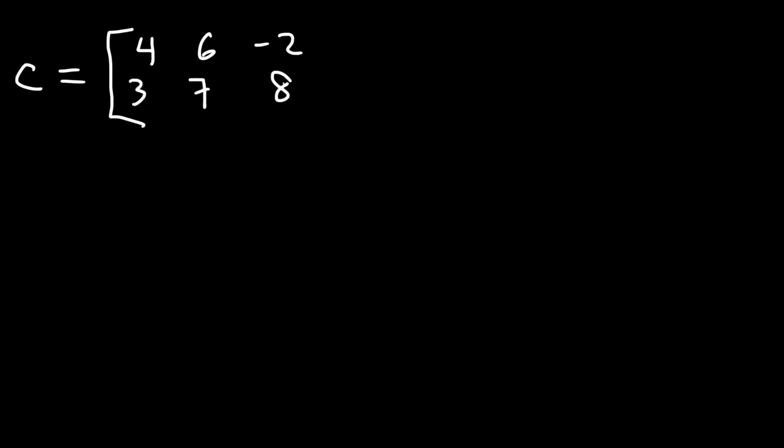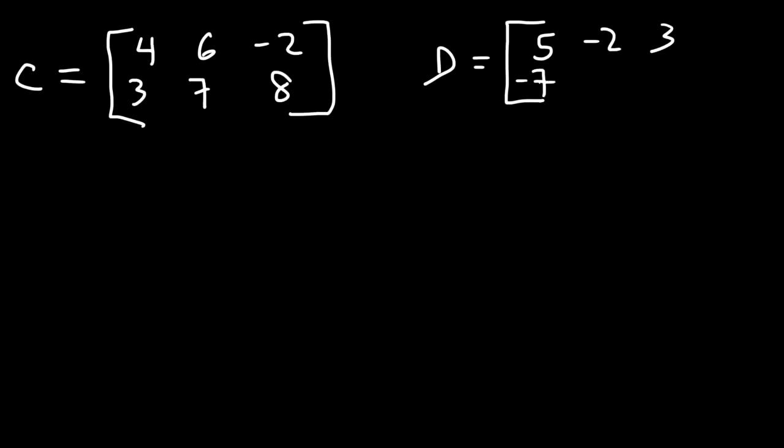Now let's try another example. Let's say we have matrix C, and it has the numbers 4, 6, -2, 3, 7, 8, and matrix D, 5, -2, 3, -7, 4, and -9. So go ahead and perform this operation.